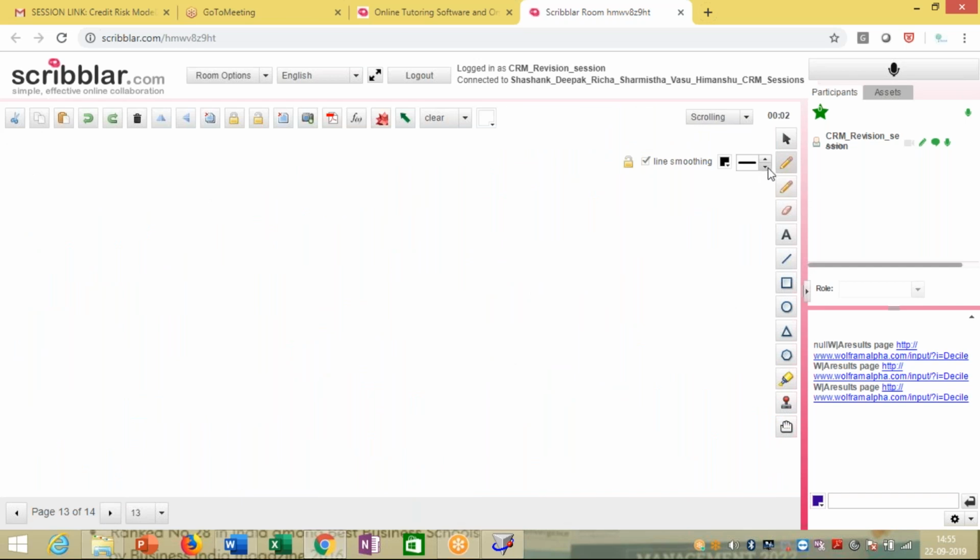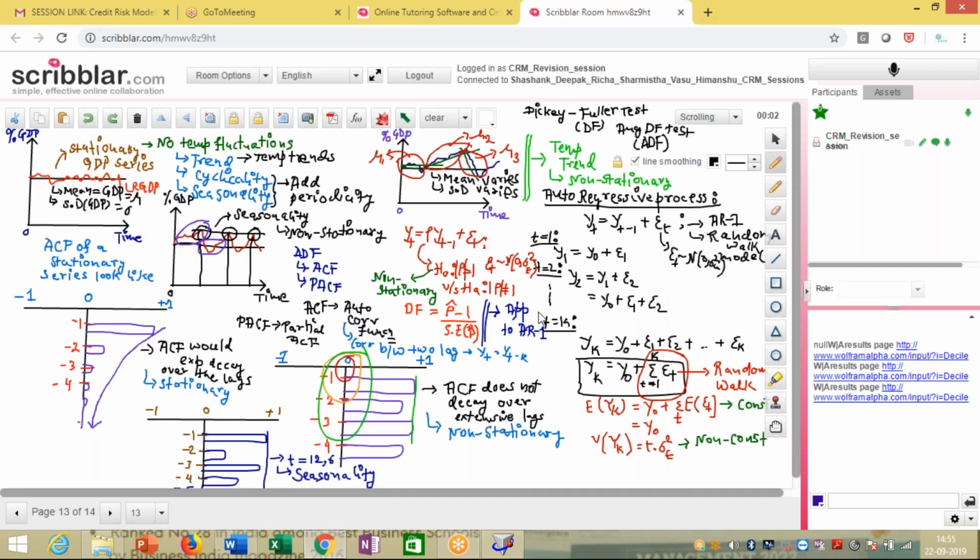Right? So that is what we had seen in the discussion yesterday. Also we talked about how we can test for stationarity. To test for stationarity, we would need to have a look into the ACF and the PACF graphs. We also saw when the ACF and PACF graphs would decay.